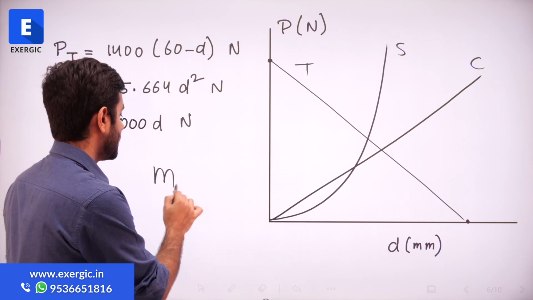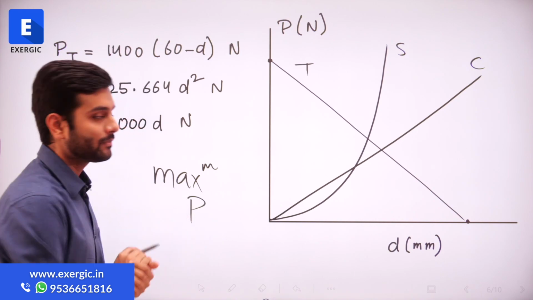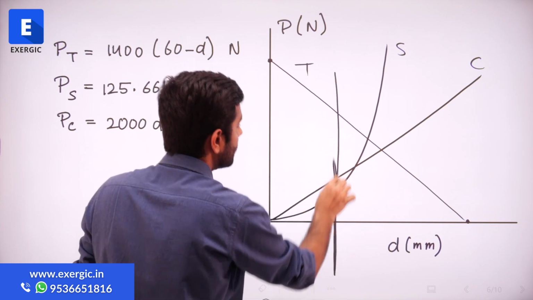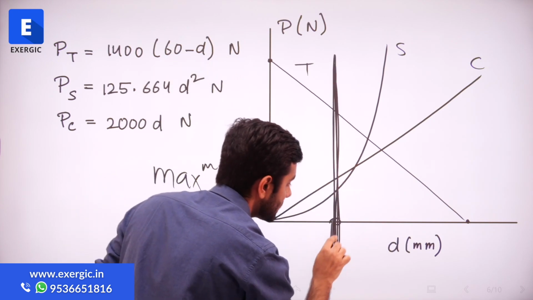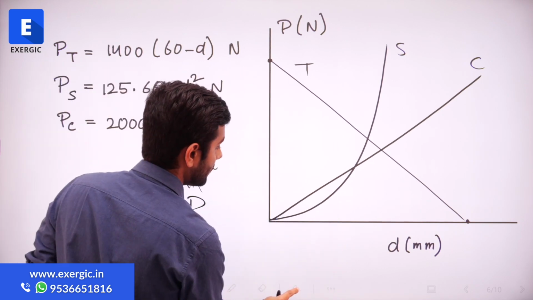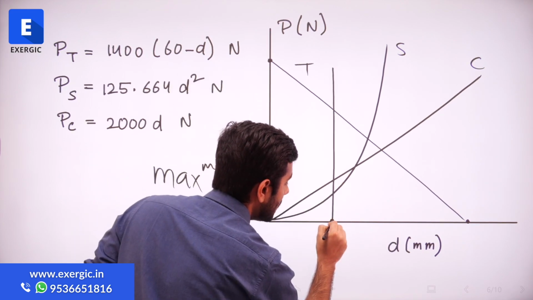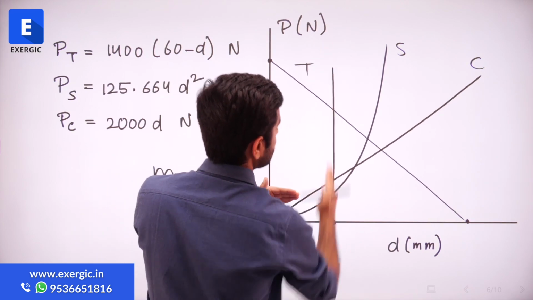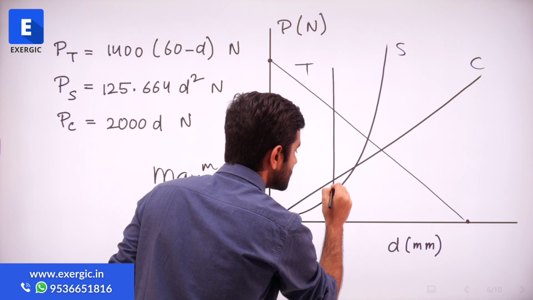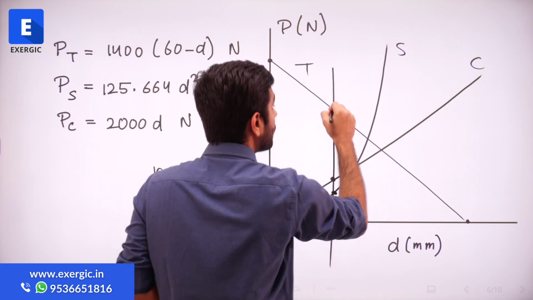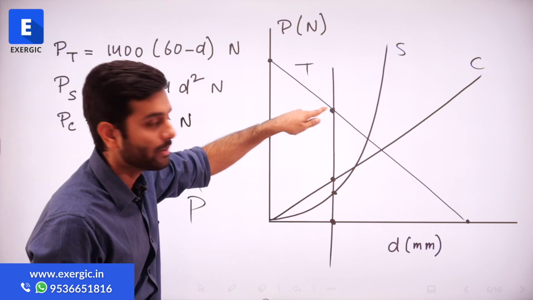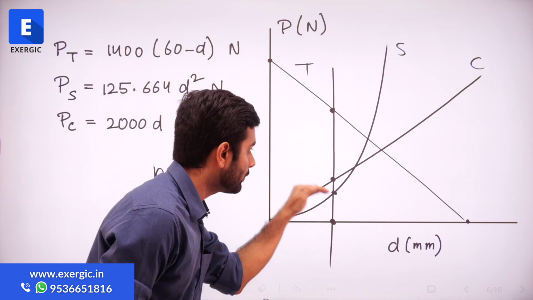What we were essentially doing, on such a curve, we were given a specific vertical line, a specific value of D, having a fixed value of D. For that line, for a given value of diameter, we were finding out whether PS is more, whether PC is more, or whether PT is more, right or not? This curve is for PS, for PC and PT, right? So for a given value of diameter, we were comparing all three of them.